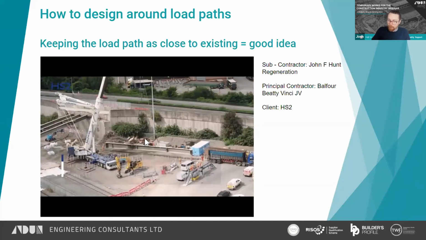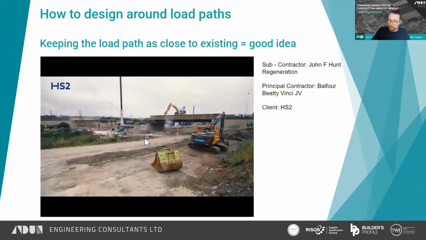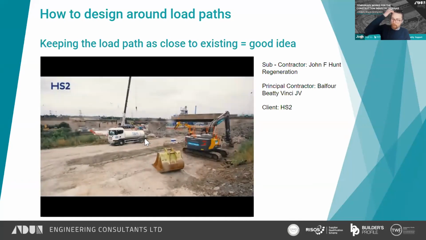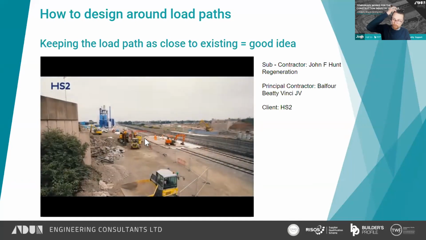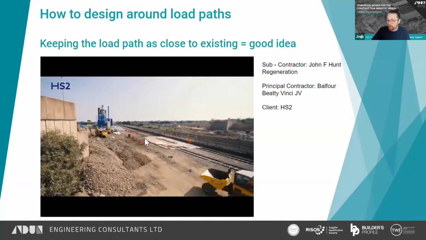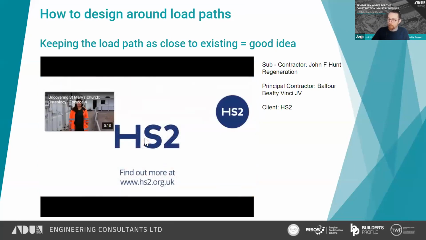The end span that was furthest away from the railway was mechanically demolished. So a crane was used there, that you can see, to remove the steel beams, and then on the far side there, that bay was mechanically demolished.